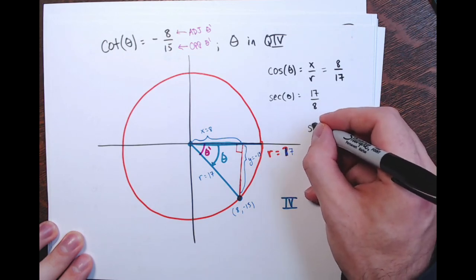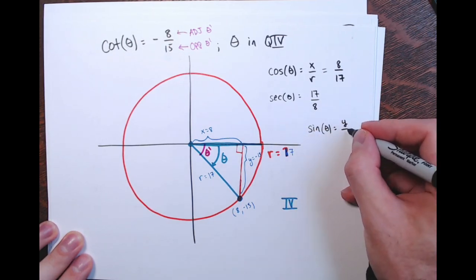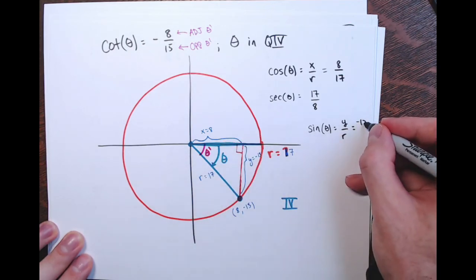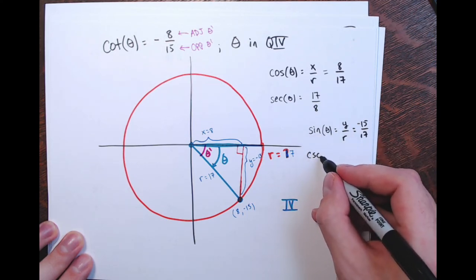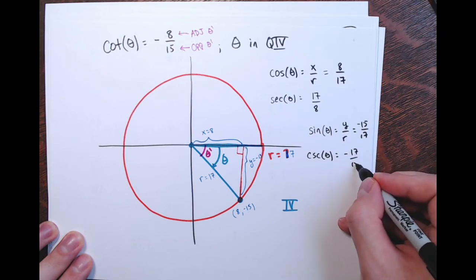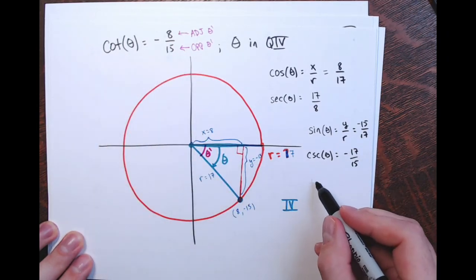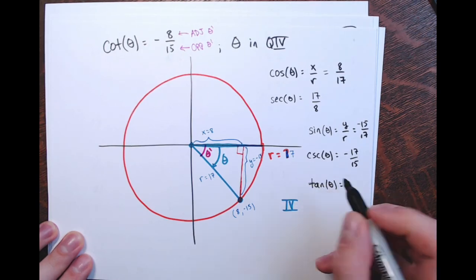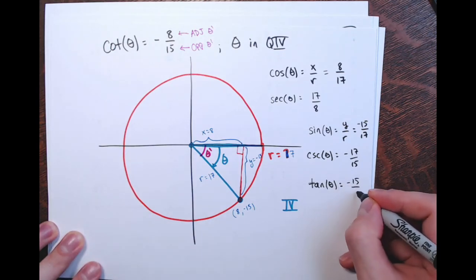The sine of this angle is, again, the y coordinate divided by the radius, so negative 15/17. And if that's the sine, then the cosecant would be negative 17/15, just the reciprocal. And we were given the cotangent, so the tangent is just the reciprocal of that. The tangent of theta, if the cotangent is negative 8/15, would be negative 15/8.